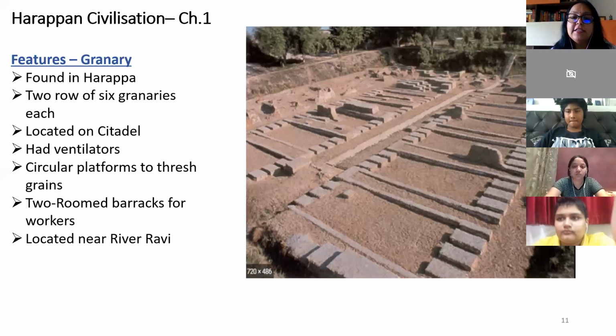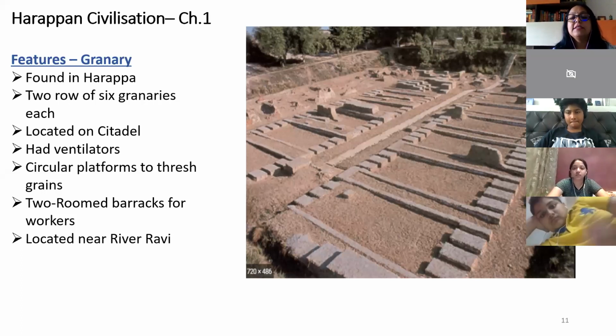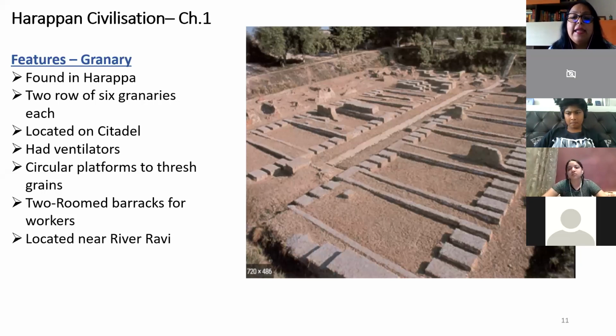The features of granaries. Granaries are rooms which used to store grain. They had ventilators. This is to prevent the grains from becoming mildewed. Okay, the word is mildewed, MILDEW. What is mildewing? Even in your houses, children, if your mama has not opened a dabba, a box in the kitchen, for a long time, and there are some grains in it, there will be small worms in it, or there will be powder.